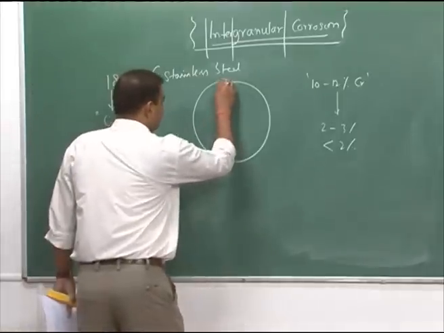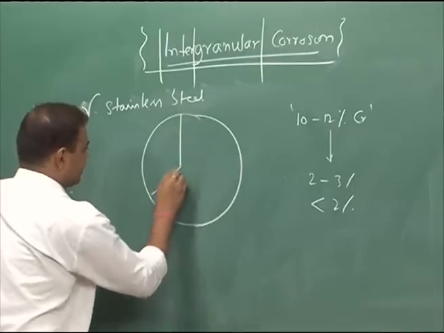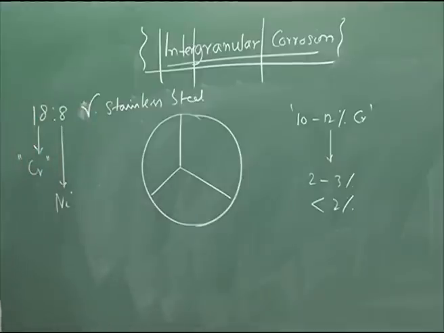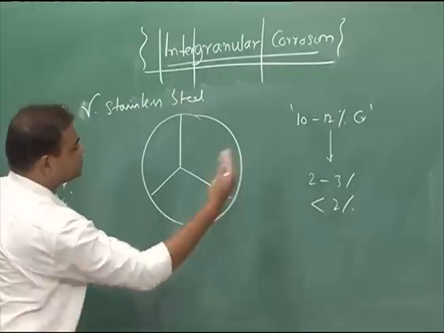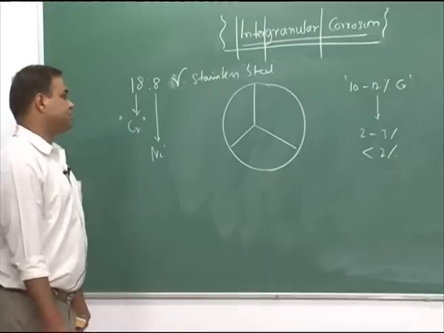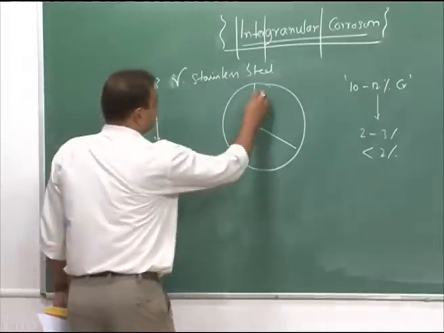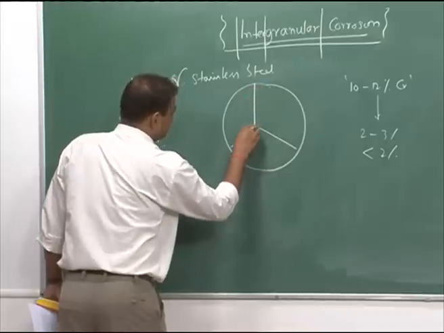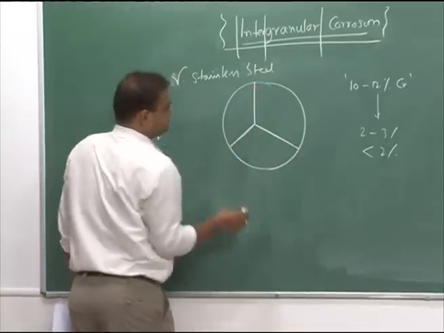Let us say I have the grain boundary like this, and in stainless steel we see intergranular corrosion. Let us say this stainless steel is exposed to some seawater or acid solution, and we have preferential grain boundary attack going on.